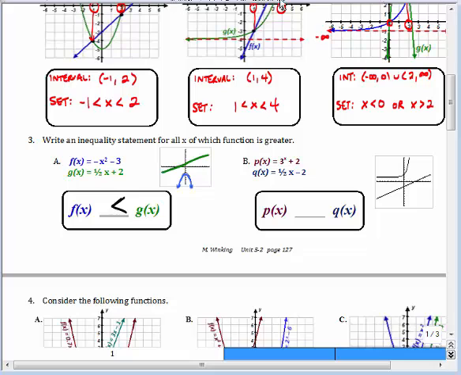If I color code these, it looks like p of x is the exponential, this one right here, and the line would be the 1/2 x. Since the dark purple p of x is always bigger, it's on top, we draw the inequality this way. So the alligator eats p of x because it's bigger.